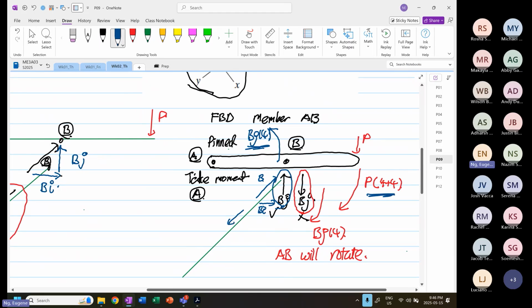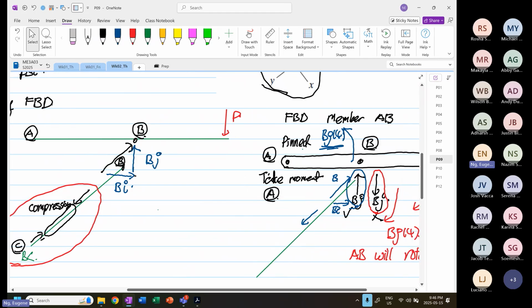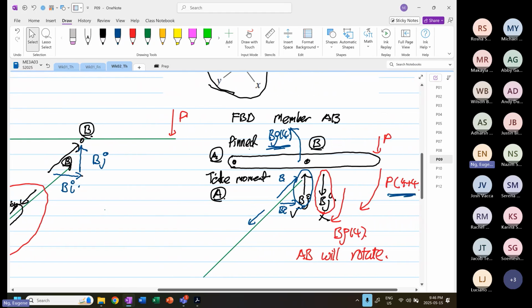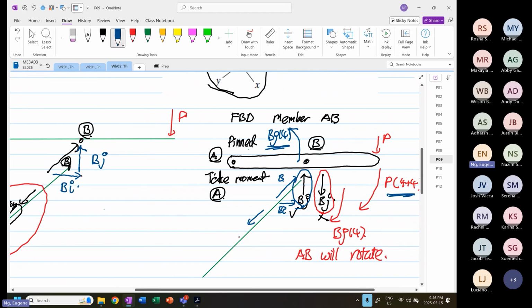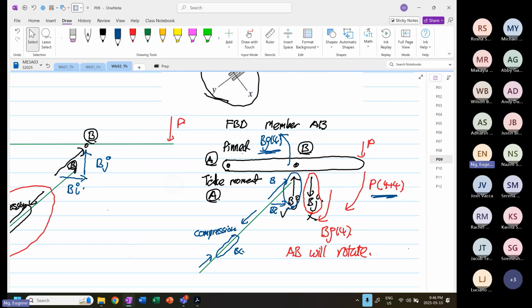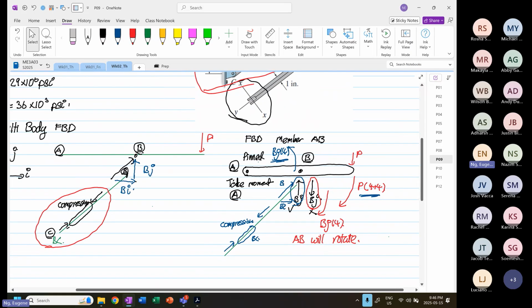This is your member BC. Action equal to reaction, same in magnitude, different direction. This is also in compression. So either way you do it, the answer will be the same, but just a different perspective.